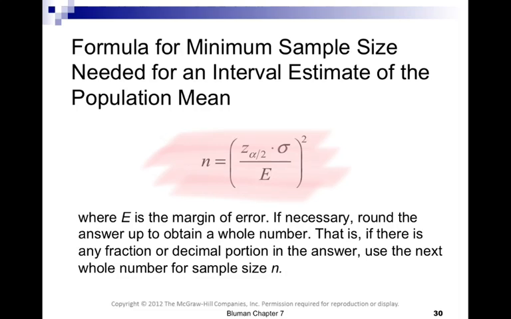Now, on the last test I am probably going to give you some matching at the beginning of the test, so all the correct formulas will be there on the test, but you have to know which is which.